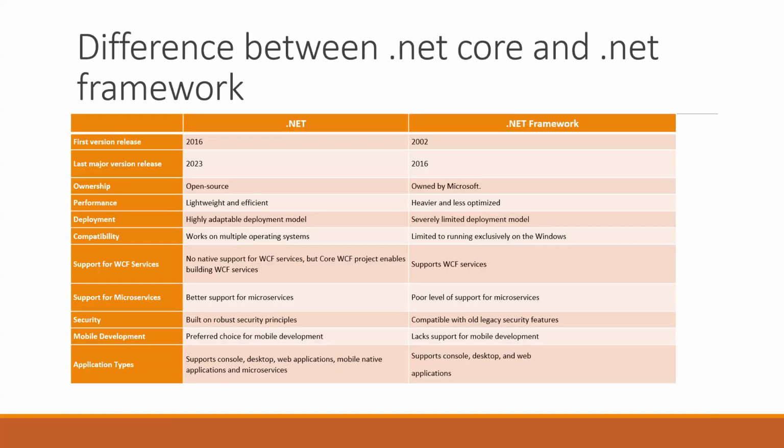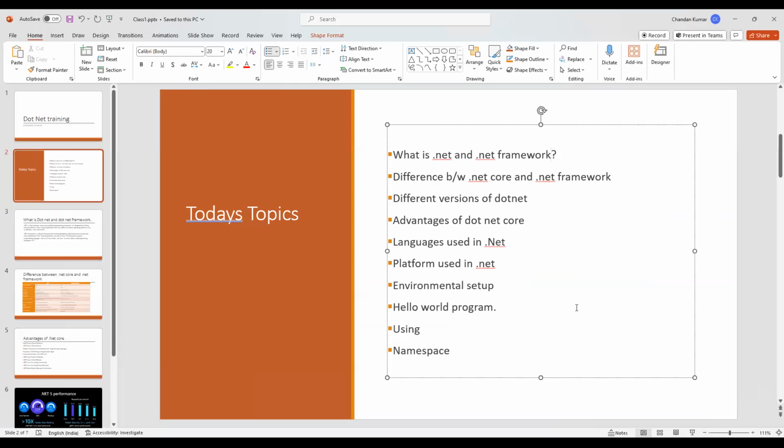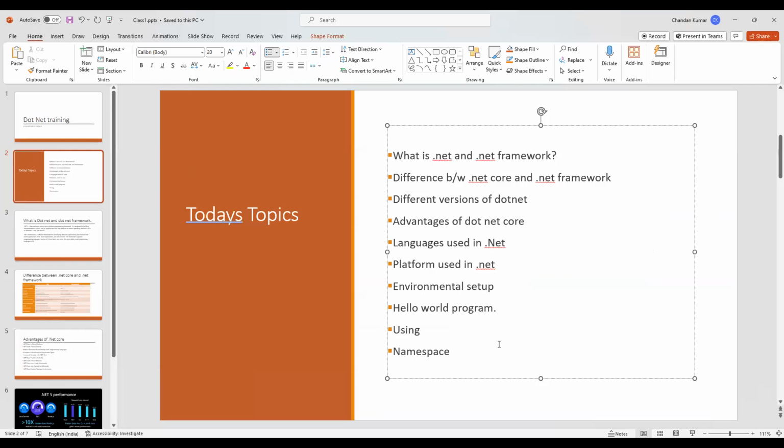Now we are going to create one application, and before that, what tool will we be using for this training? That is Visual Studio. I can share you the link to download Visual Studio.